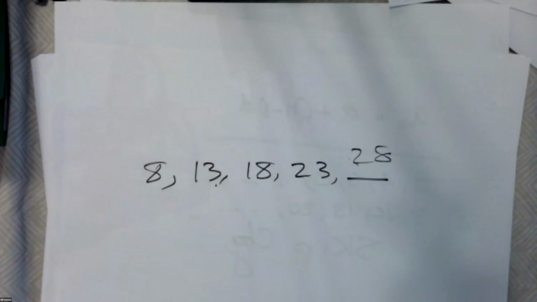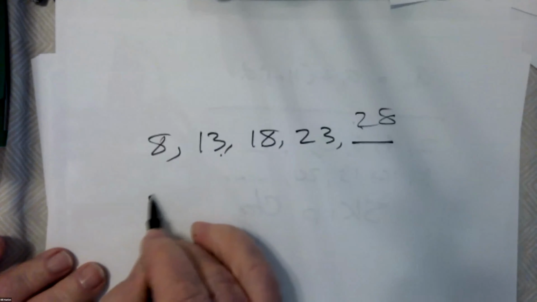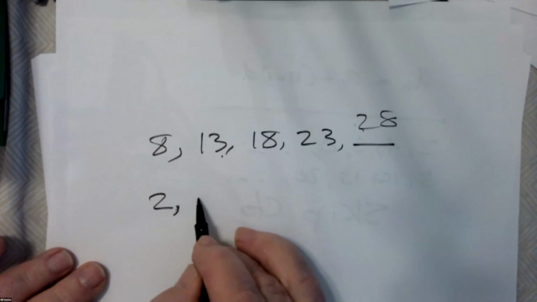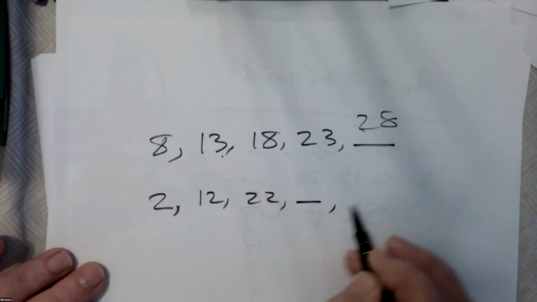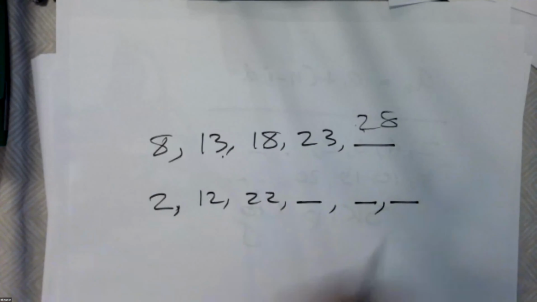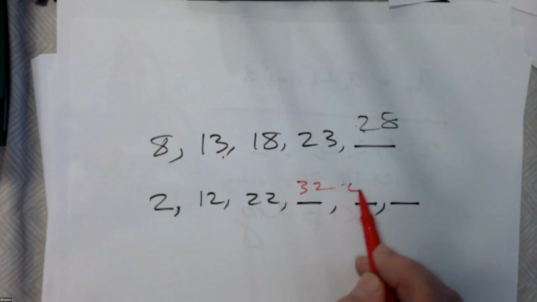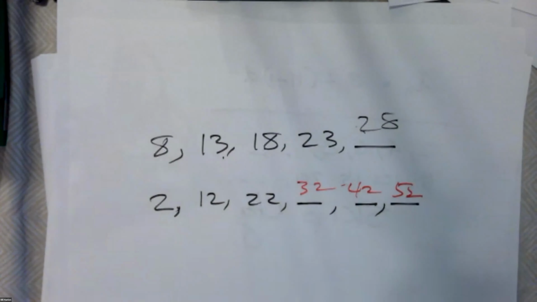Isn't that neat? So if I had 2, and I decided to add 10, that would be 12, 22. And then what I could say is, what would be the next 3 numbers? And the kids would go 32, 42, 52. Pretty cool, huh? Now, what I could say is this.